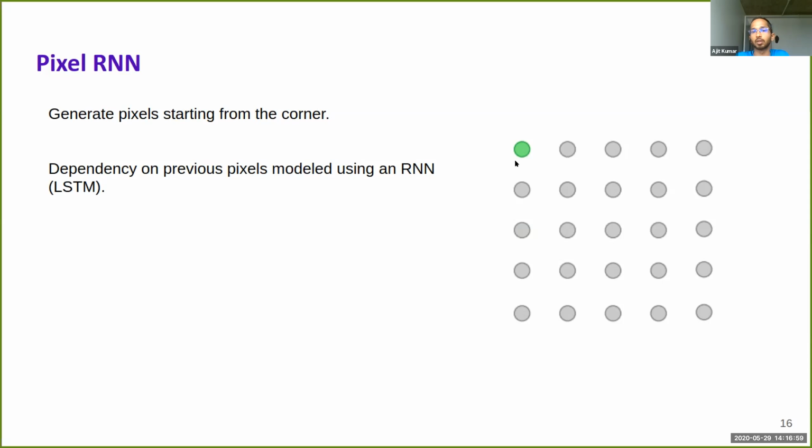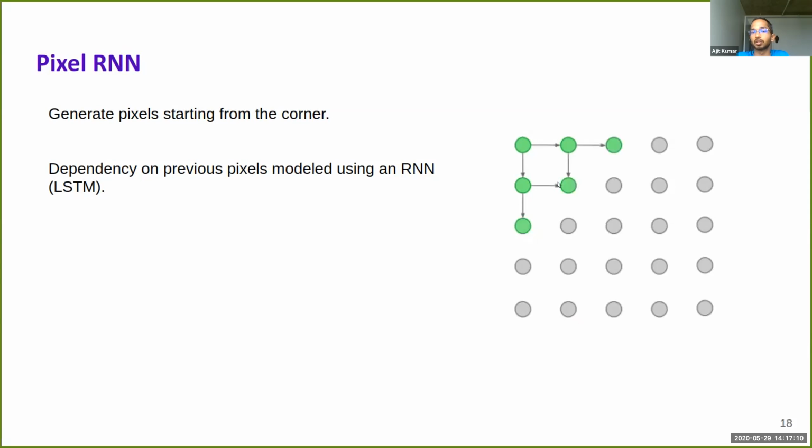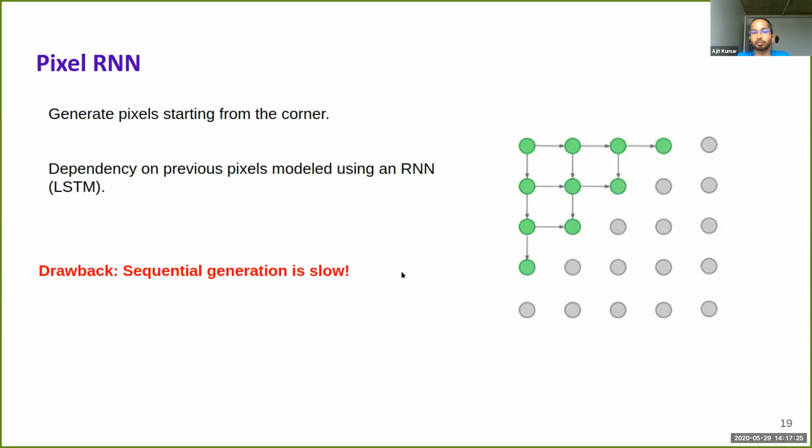We can pick any value for this, and then conditioned on this pixel value, we can generate the nearby pixels, and then conditioned on these, we can generate newer pixels, like we did using an RNN or maybe an LSTM. Because we're doing it pixel by pixel, it's computationally expensive.